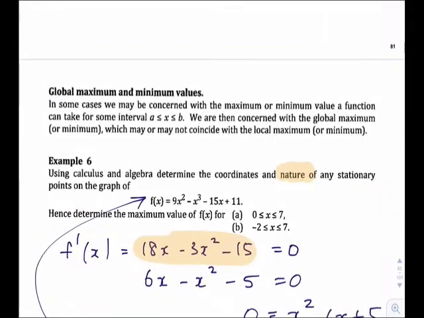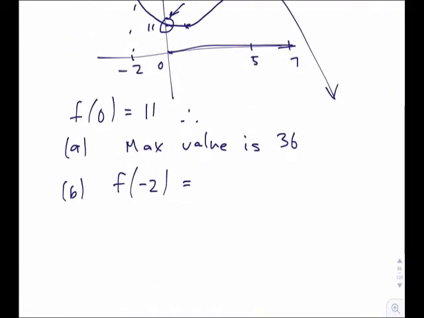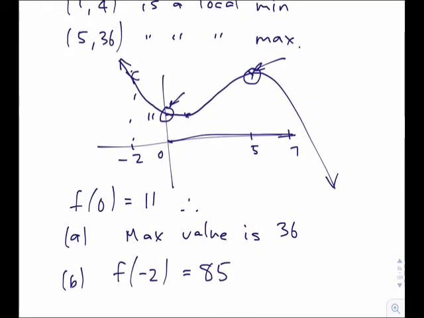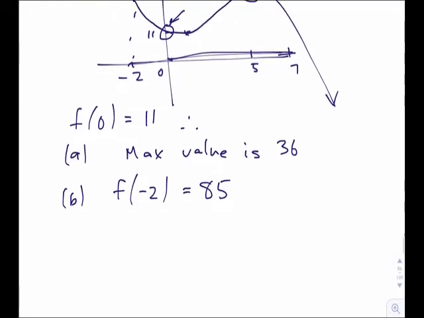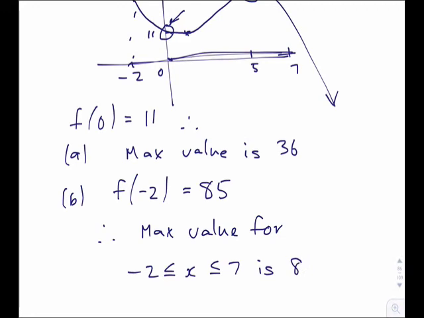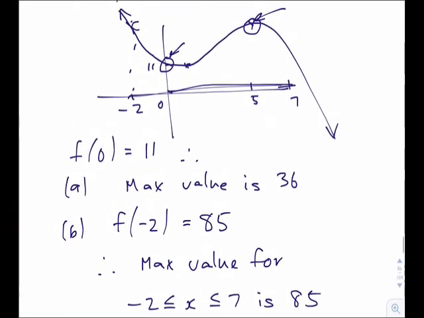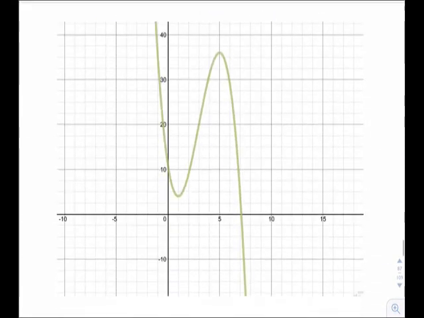You've got to do that on your calculator, and I'm getting 85 as my answer. So it's actually way up there. So between x values of -2 and 7, the biggest value is now 85. Max value for -2 to 7 is 85. Here's a nicer picture of the graph.